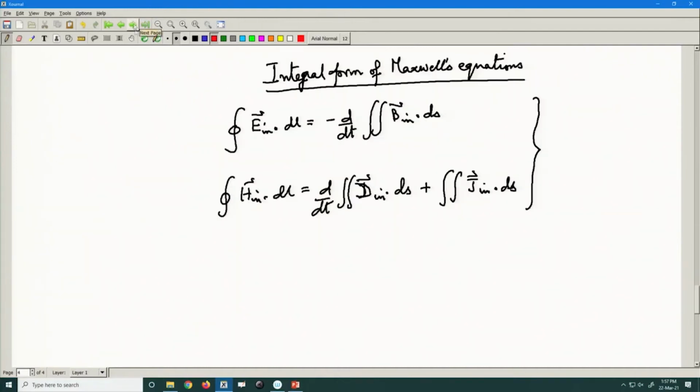The next equation will entail the integral of the divergence. So, using the divergence theorem, so let us do that. That will be equal to 0.